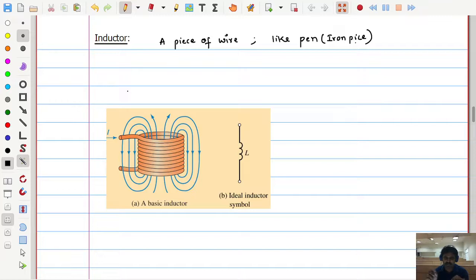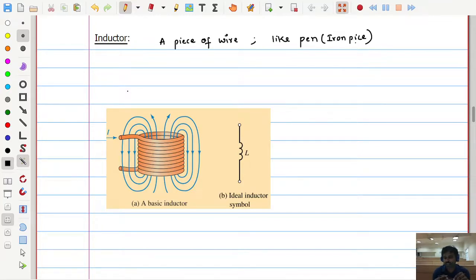Sometimes people use a spring-kind of pen also. Then you take a piece of wire and place it on this pen and form a coil or a spring kind of thing. This coil or spring, which is placed on some object, that may be a pen, iron piece or steel, is called an inductor.